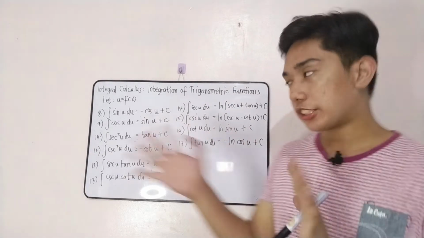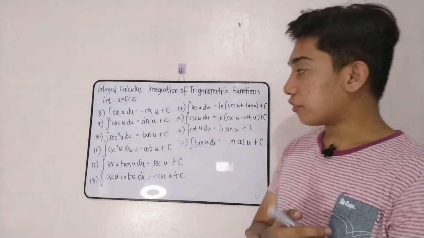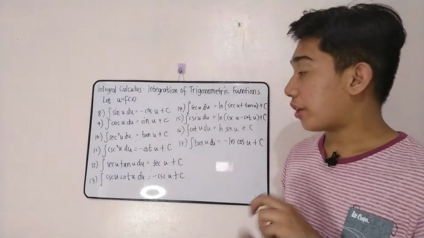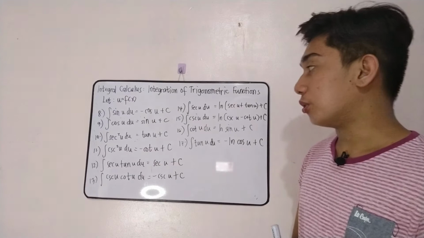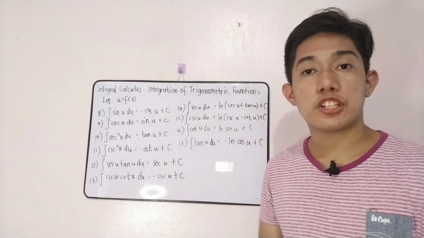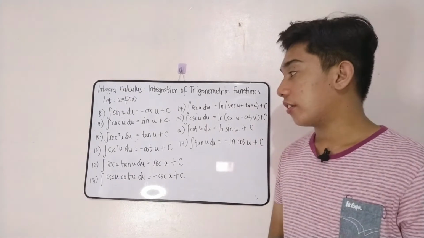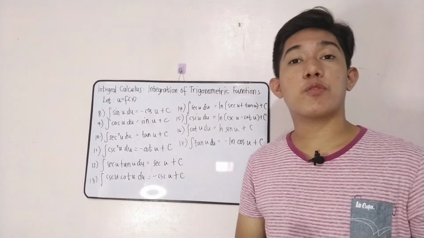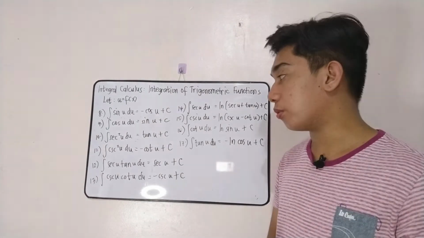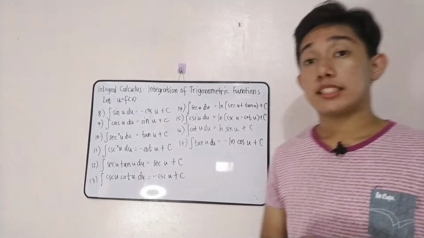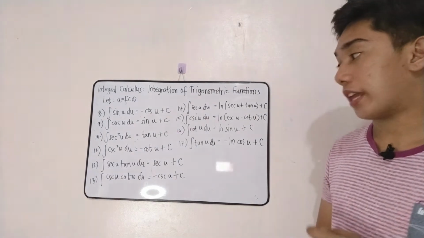So, let's continue. For the 10th rule, the integration of secant squared u du is equal to tangent u plus c. 11th rule, the integration of cosecant squared u du is equal to negative cotangent of u plus c.